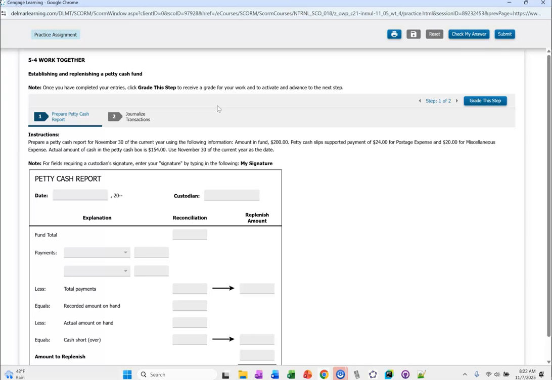Instructions, prepare a petty cash report for November 30th. Okay, I'm going to write that down already. November 30th of the current year using the following information. Amount in fund, $200. Petty cash slips reported a payment of $24 for postage expense and $20 for miscellaneous expense.